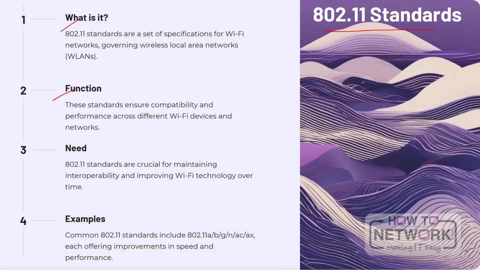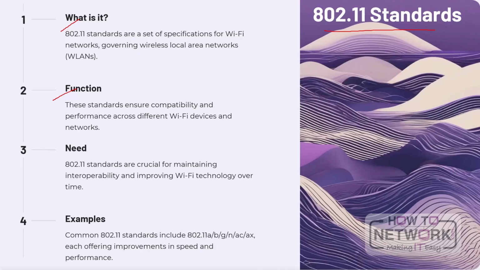The primary function of the 802.11 standard is to establish a common framework for wireless communication, ensuring that different devices can communicate effectively and efficiently. They define the technical specifications and protocols that govern how data is transmitted and received over a wireless network. This standardization enables devices from various manufacturers to interact with each other, creating a unified and reliable wireless ecosystem.